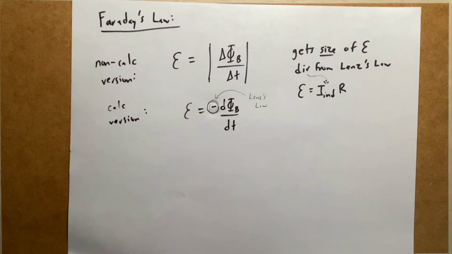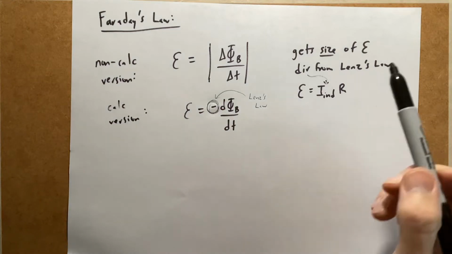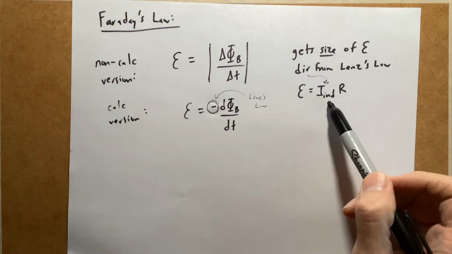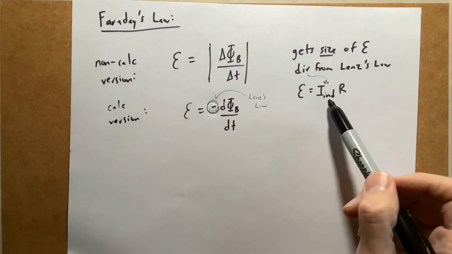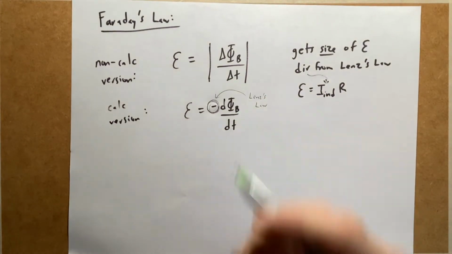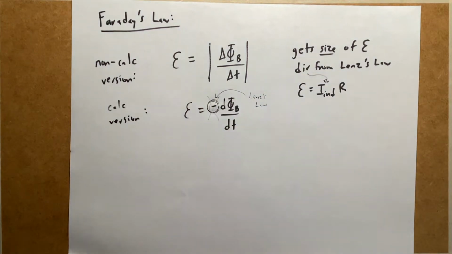Essentially, if you're doing this very formally mathematically, that minus sign would make sure that the direction of the current is going to be trying to fight the change instead of being with the change. But I'll just tell you right now that in almost all cases, we're not going to try to do that so much either. So again, we're essentially going to ignore that minus sign.